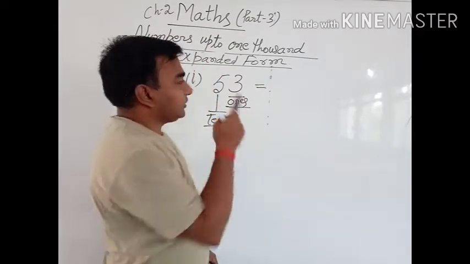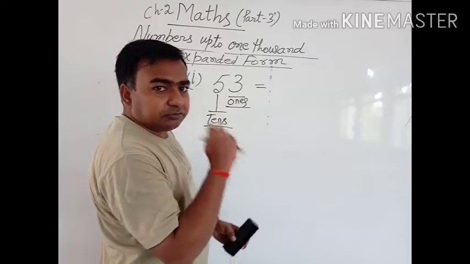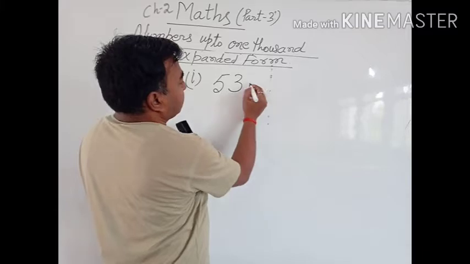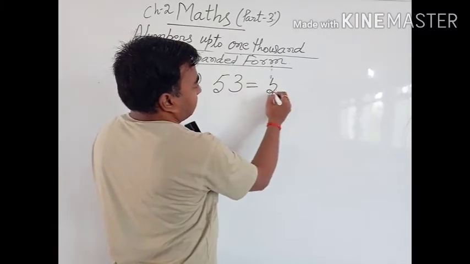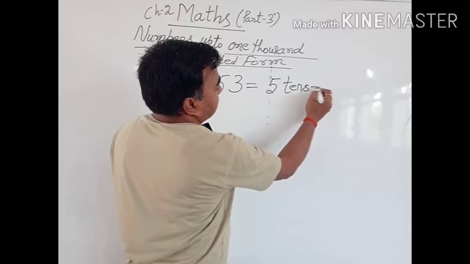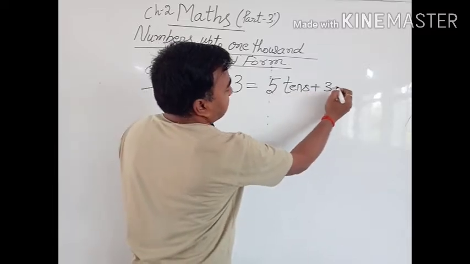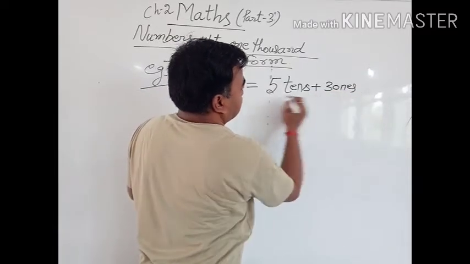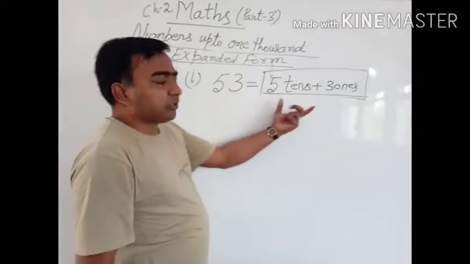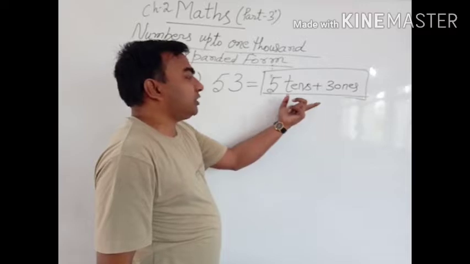We can write 5 tens plus 3 ones. This is the first way. This is the first method.